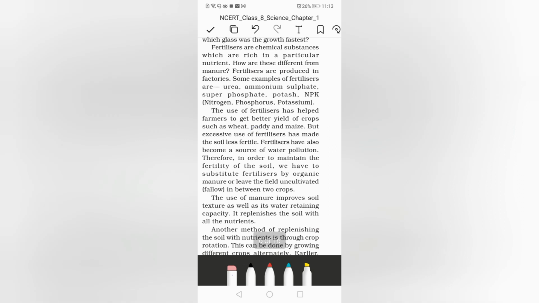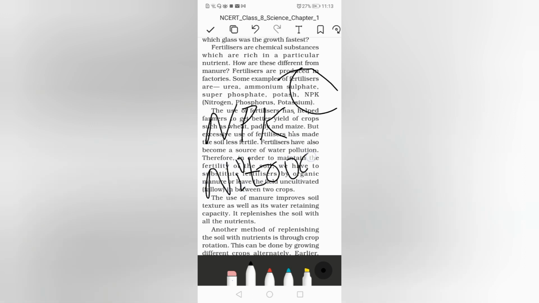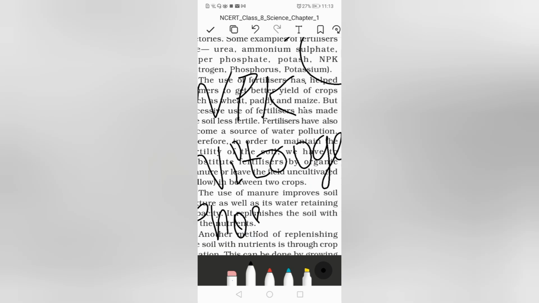Now NPK, keep in mind before I continue, NPK means nitrogen, phosphorus, potassium. Here, let me write it for you. NPK's definition is nitrogen, phosphorus. This might come in your exam, it's not sure, but phosphorus.